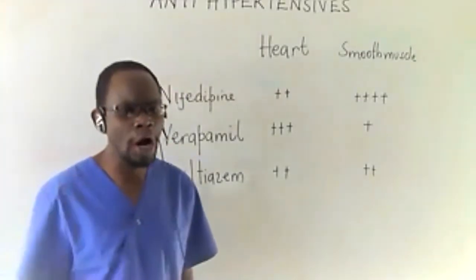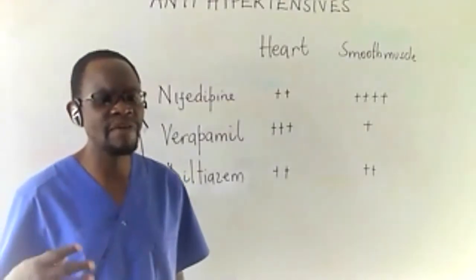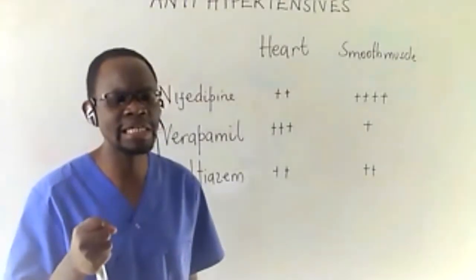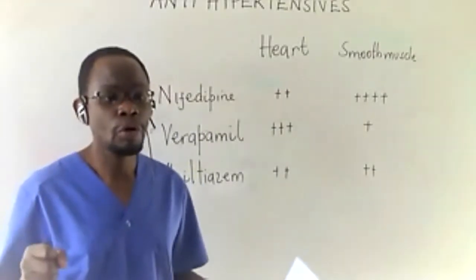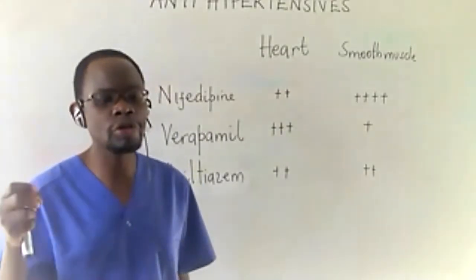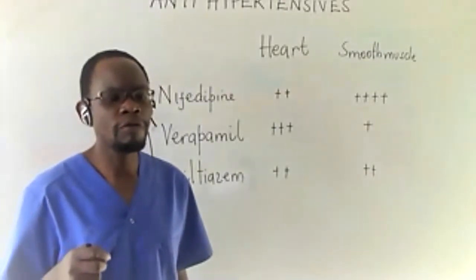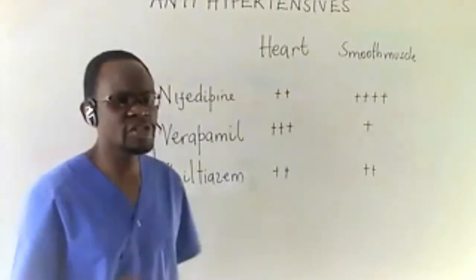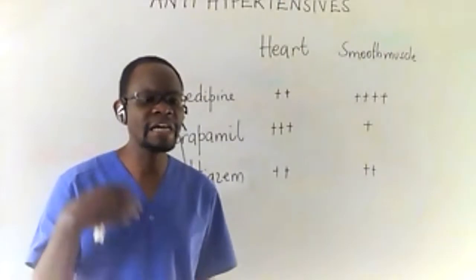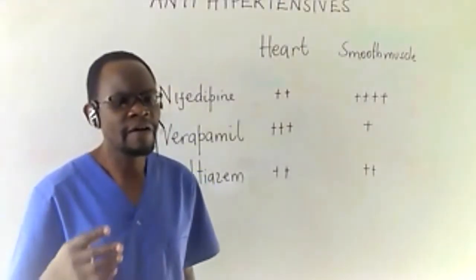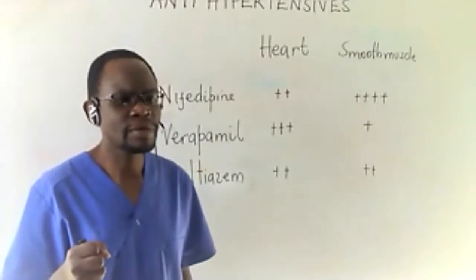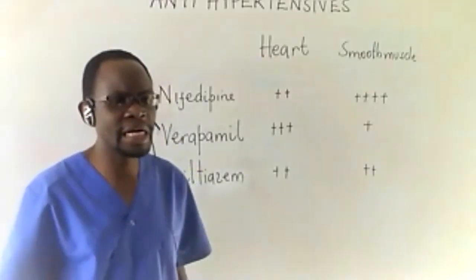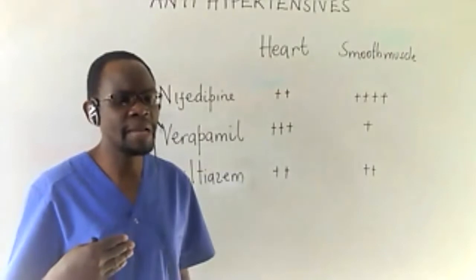And calcium is required for contraction, or contractility, of the heart, but also for constriction of the smooth muscles. And so if we give them, they will prevent contraction of the heart, which will eventually lead to a decrease in blood pressure.